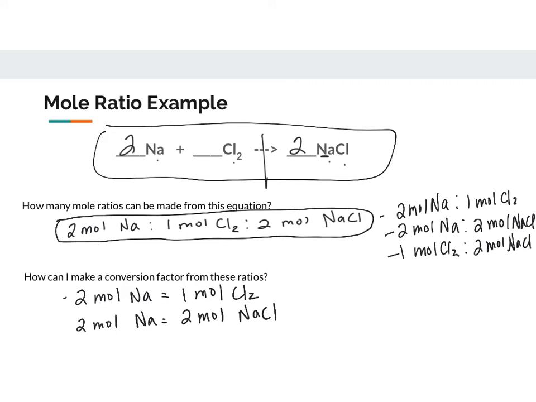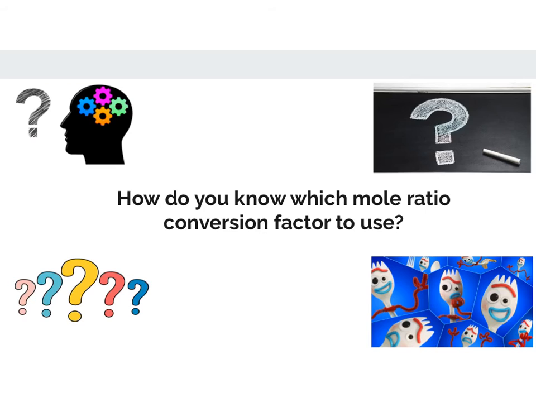Now with my conversion factors, I'm not going to reduce it. I'm just going to leave it 2 to 2. And then last but not least, 1 mole of Cl2 is going to be equal to 2 moles of NaCl. Okay, so from that one balanced chemical equation, we came up with 3 different mole ratio conversion factors.